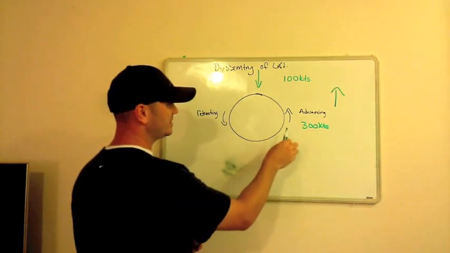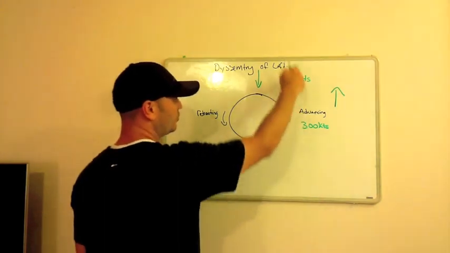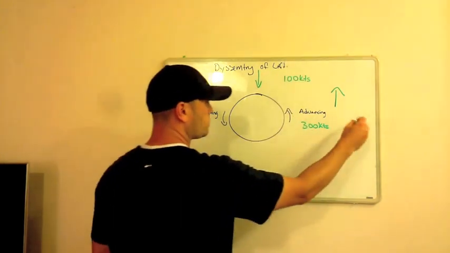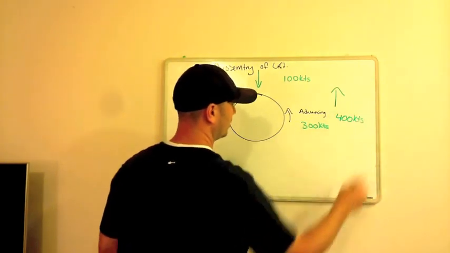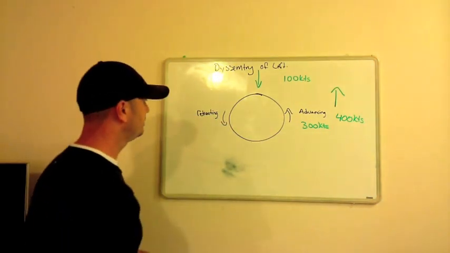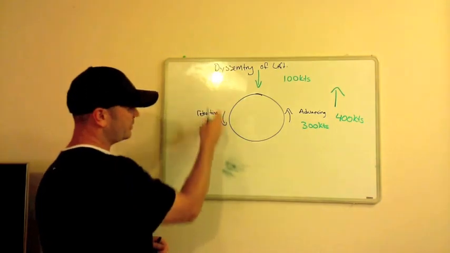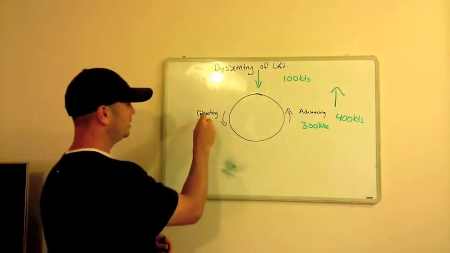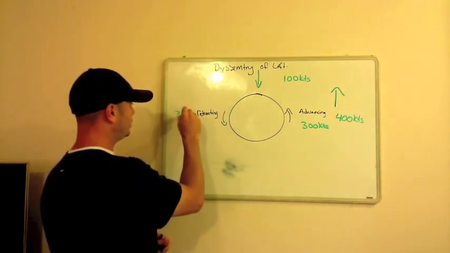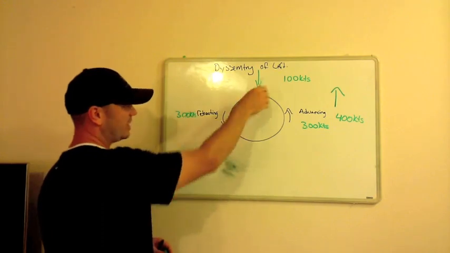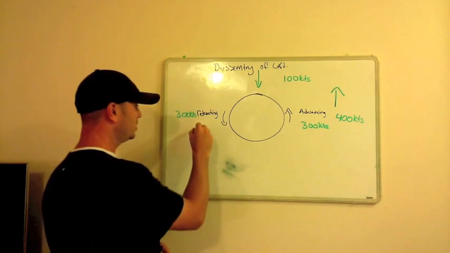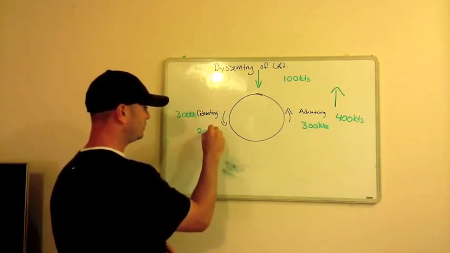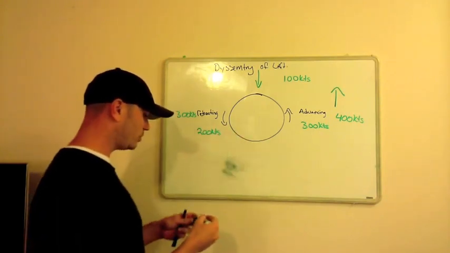So the advancing side, added to the relative wind, feels as though it might be going 400 knots. On the retreating side, because the relative wind is coming this way and the blades are actually going this way, it's still 300 knots, but we have to take into account the relative wind of our forward movement. So it would feel as though the blades themselves are going 200 knots.